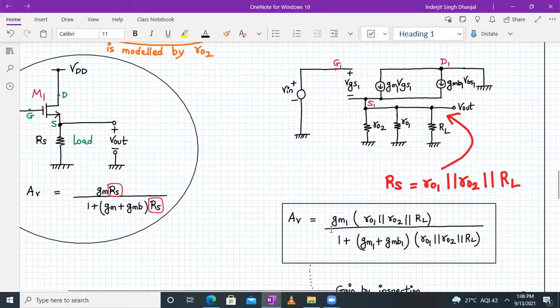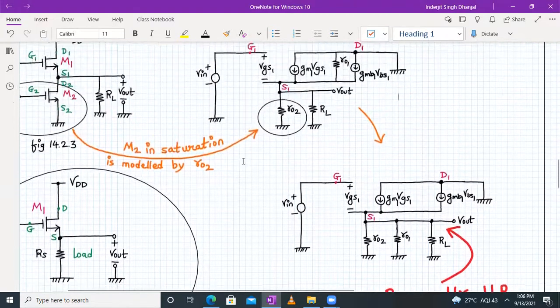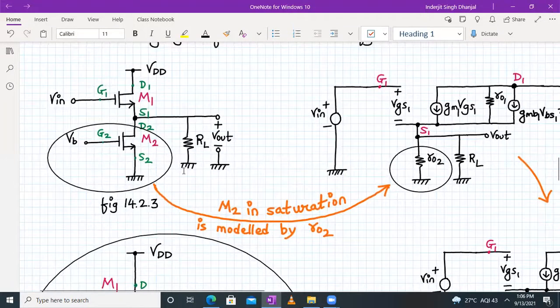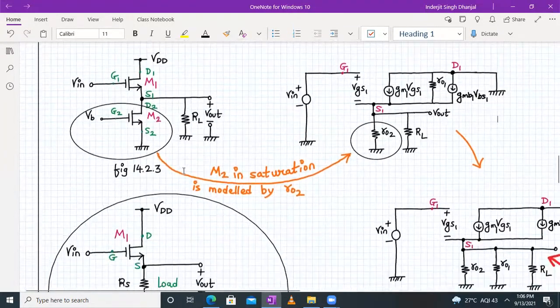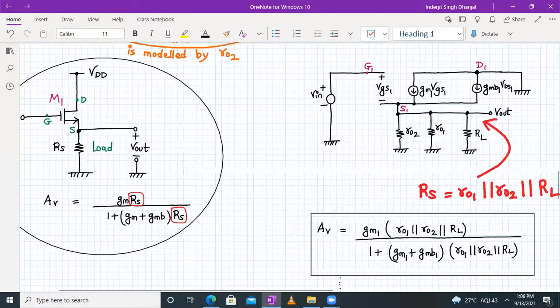We finally got the expression for the small signal voltage gain without even solving anything, just by inspection. So that's the formula of the small signal voltage gain for circuit number 14.2.3. If you have any doubt, you can ask. I'll keep this steady for a few seconds.